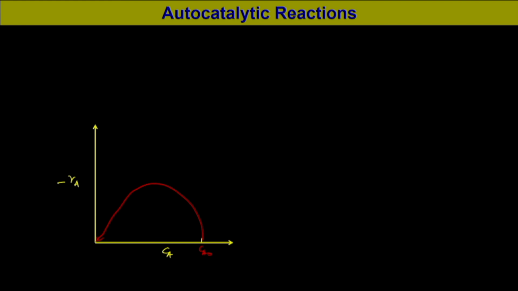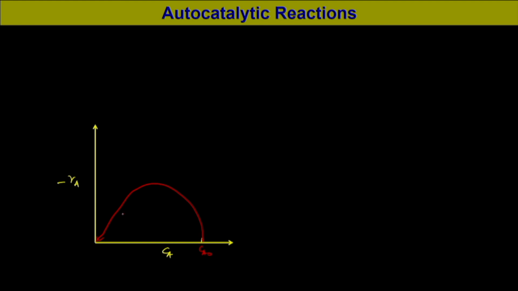Initially there are very small quantities of the product present, then the reaction starts, the rate increases progressively and then it reaches a maximum.